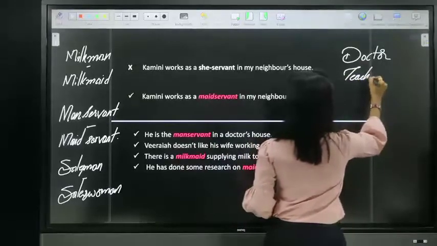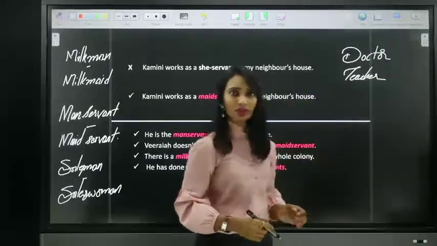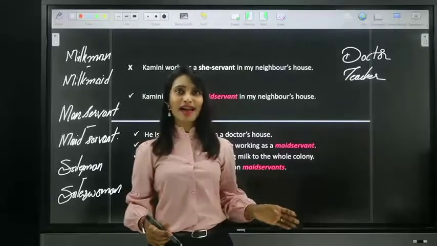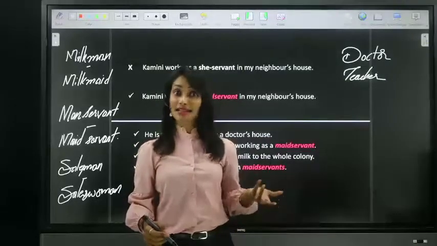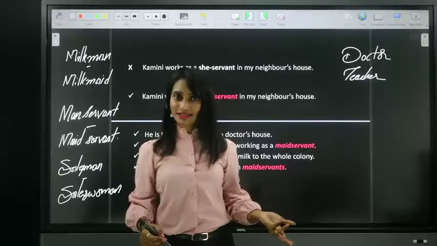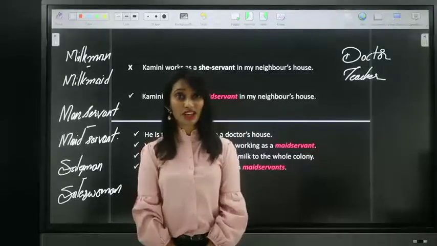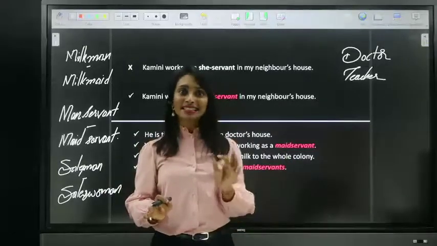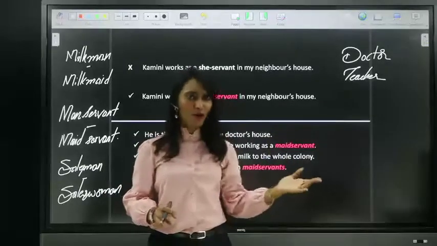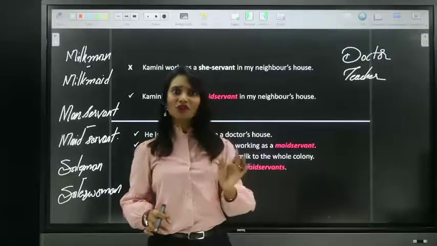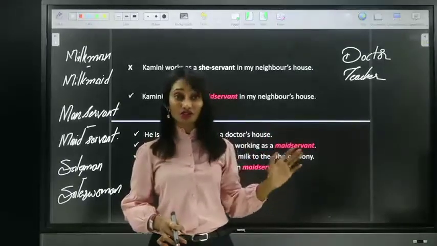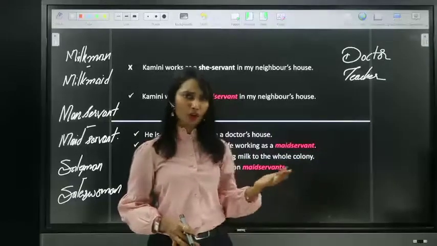Teacher. So you might have this habit of calling female as teacher, male as sir since your childhood. But let me tell you, it is not teacher-sir kind of difference. Teacher can be either male or female. Not females are teachers, males are sirs. That is a wrong notion. Teacher can be either male or female.